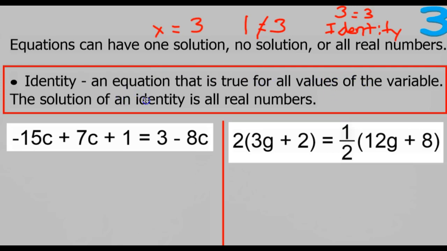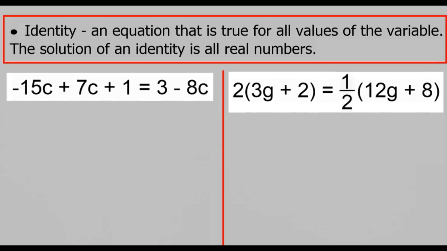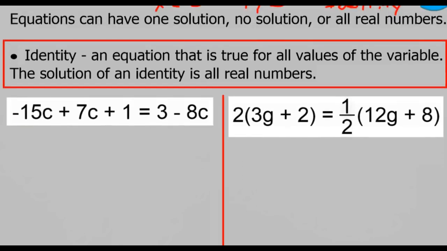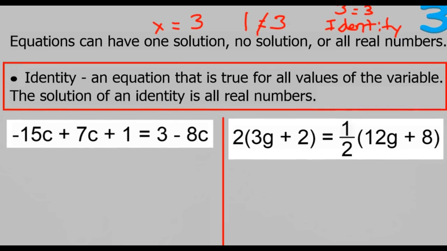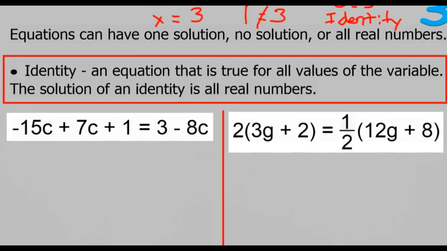The solution of an identity is all real numbers. So I can put any single number I want into that equation, and I would get the same answer. So what we've got to do with these equations now is figure out if these equations have one solution, no solution, or they are an identity and have all real numbers as a solution.